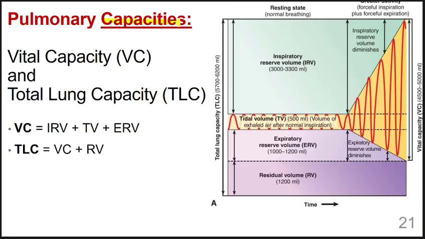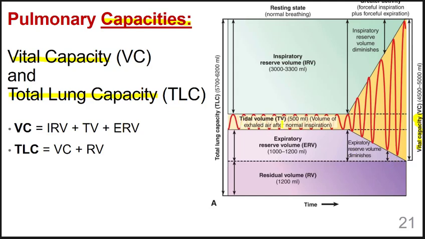On this slide, we're talking now about pulmonary capacities. What is the capacity of our lungs when it comes to how much volume it can take in? We're going to start by looking at vital capacity, and then we'll follow by looking at total lung capacity. This is the same image showing you the tidal volume and your reserve and residual volume. On this right side, we can see vital capacity. Vital capacity is really the total amount that you can breathe in and breathe out.